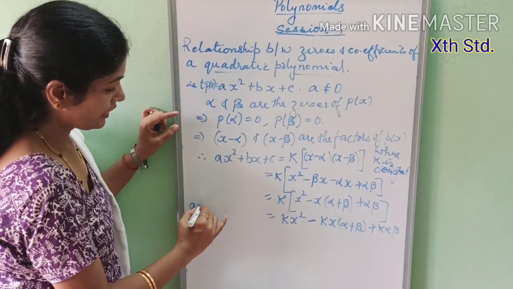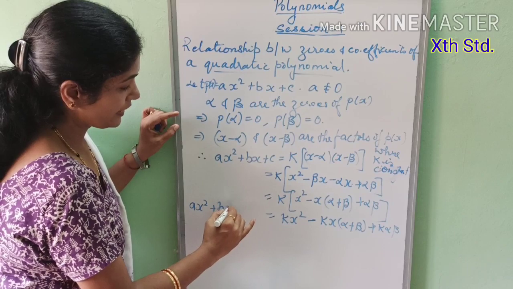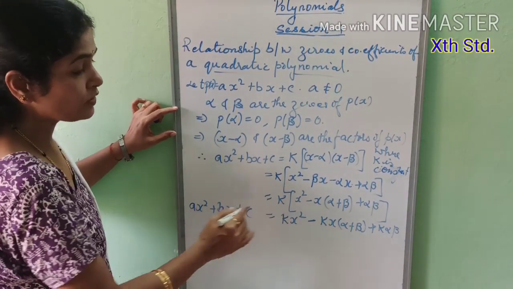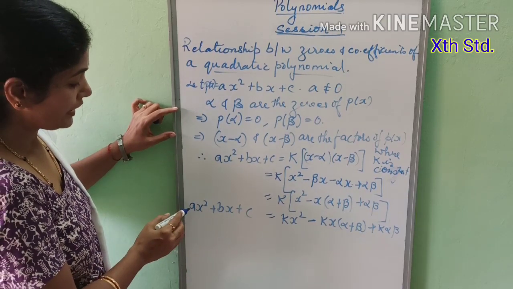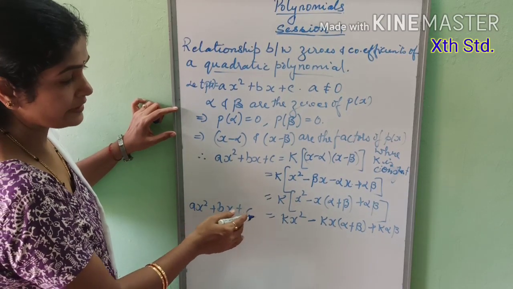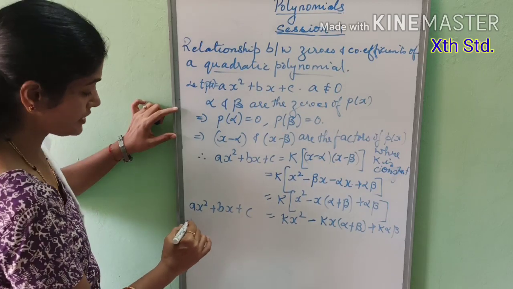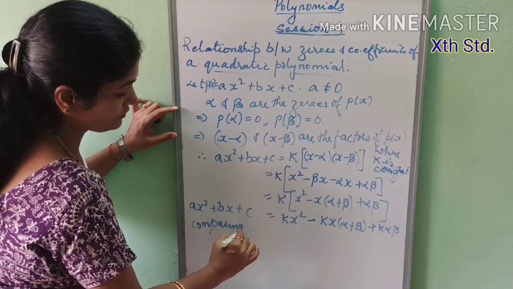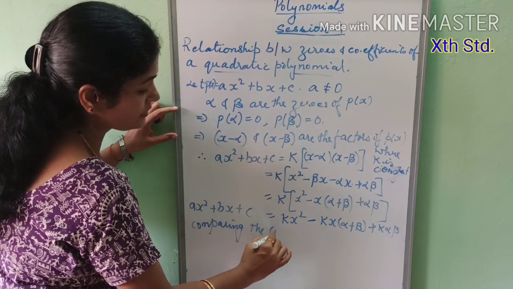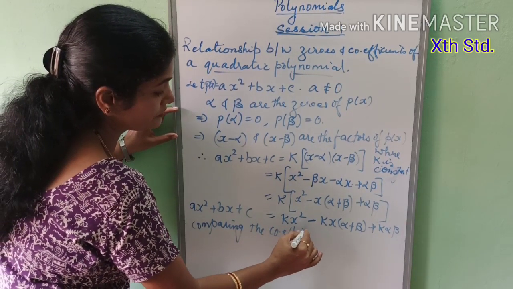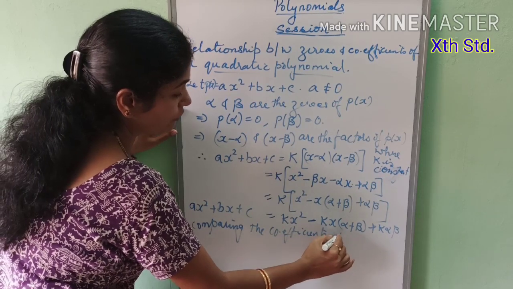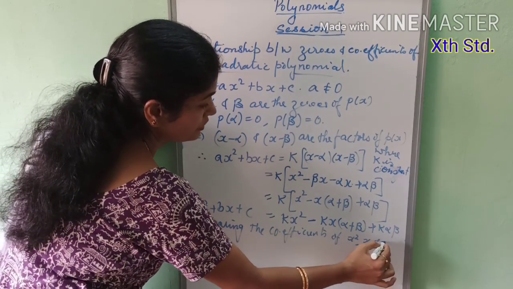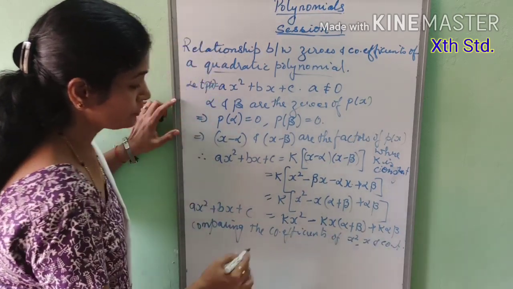Now look at this. It is ax square plus bx plus c. Now compare the coefficients of x square, x and the constant on both the sides. Comparing the coefficients of x square, x and constant, what do we get?